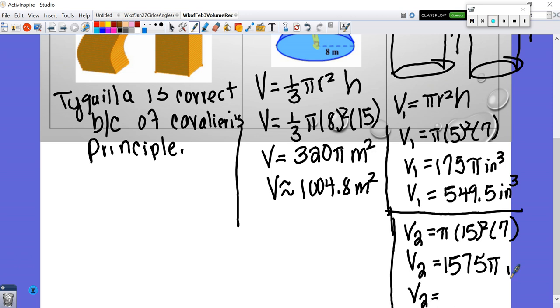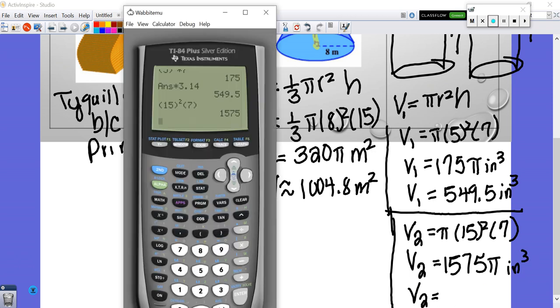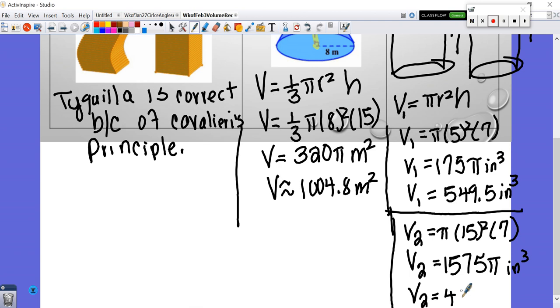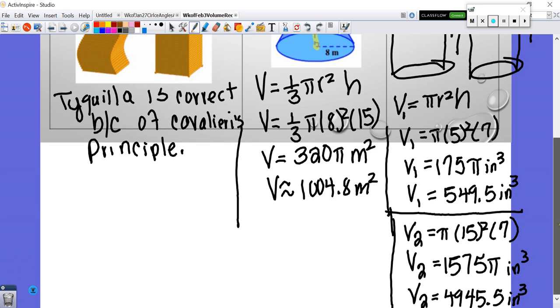I'm going to get the approximate answer: 4945.5 inches cubed. Okay, so now we got to see what happened.